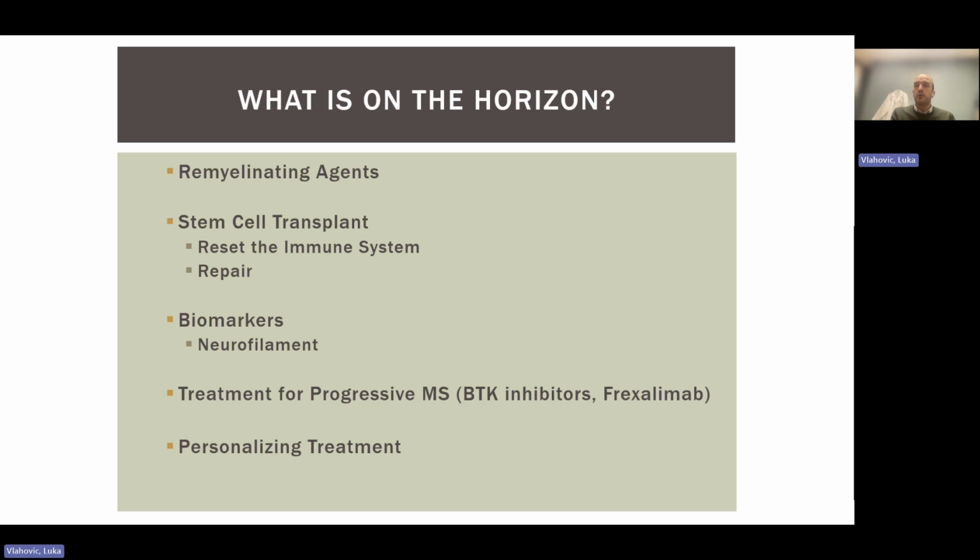It will go through the process of insurance approval if it clears the FDA. There are some other treatment options.